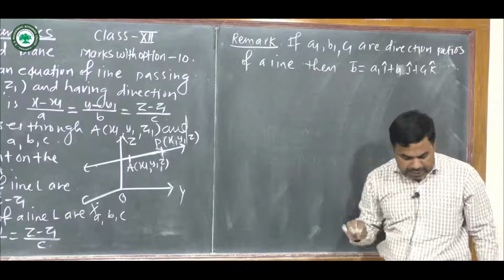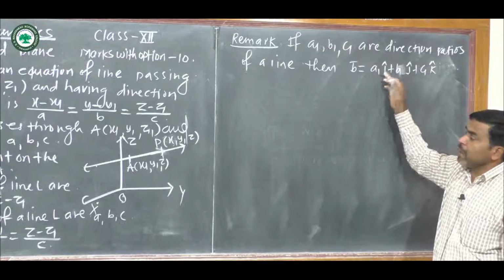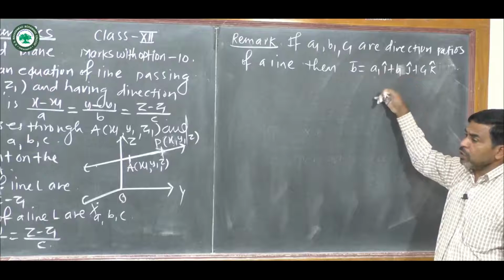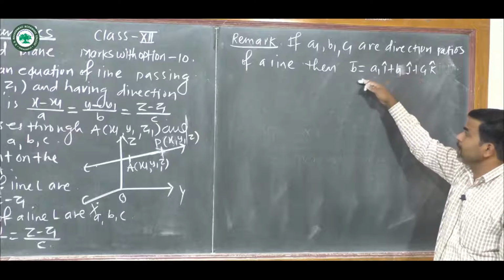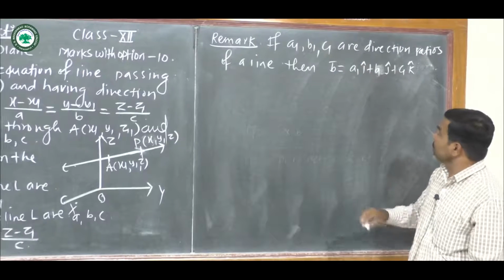See, if the direction ratios of a line are known, then we can write the vector which is parallel to the line. Or if we know the vector parallel to the line, then the direction ratios of the line are also given.